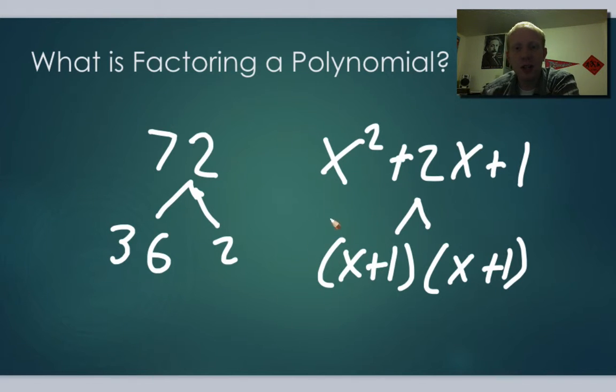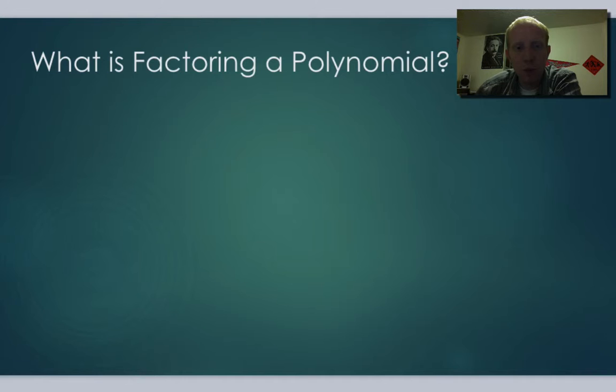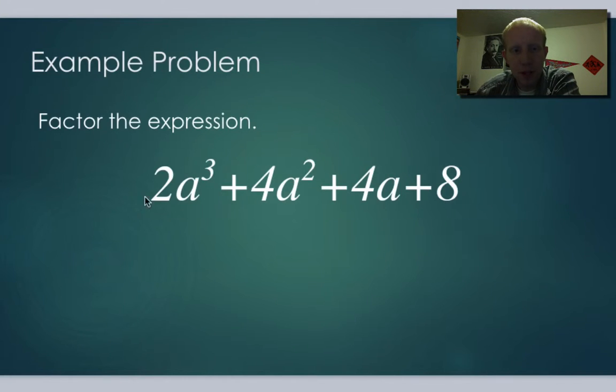It's a pretty complex process in the sense that we don't work with numbers directly, we're working in terms of expressions. So it's not very easy to see the factors, and we need some methods to help us learn how to find the factors of a polynomial. One of those methods is factoring by grouping. Let's look at this example problem.